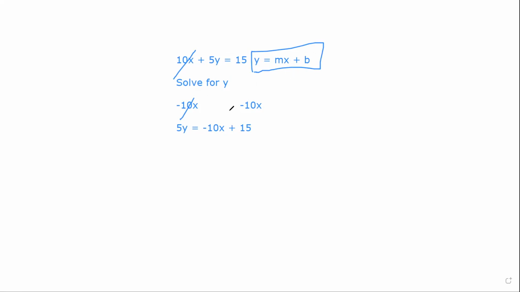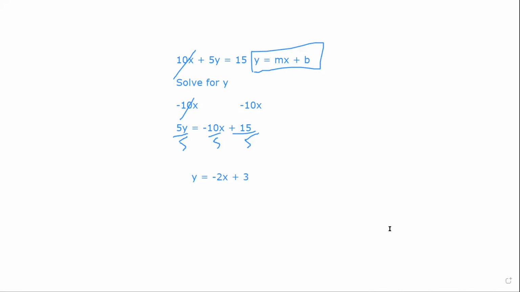So this is another move and divide situation. To get to 1y, now I got to divide everything by 5. So I end up with y equals negative 2x plus 3. Now I know that the slope for that line is negative 2.